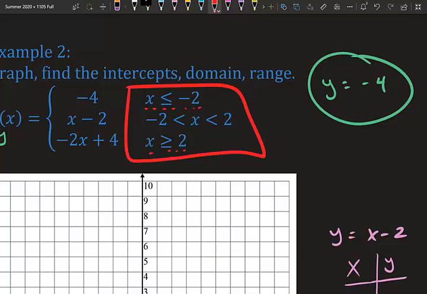The first one is going to the left forever, so the left is -infinity. The last one is going to the right forever, so the right is +infinity. So that's our domain. We're going to practice that a lot more. Always look at the first and the last.